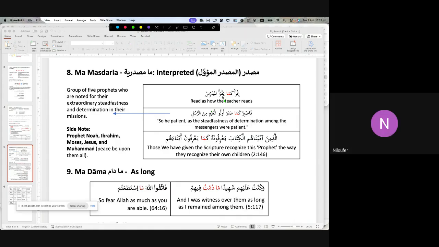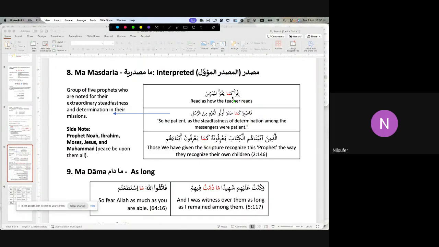Yes, Ustad. So, meaning, read as how the teacher reads. So Iqra is an Amr word. How is kama. Ka is how. Ka is harf jar, like.